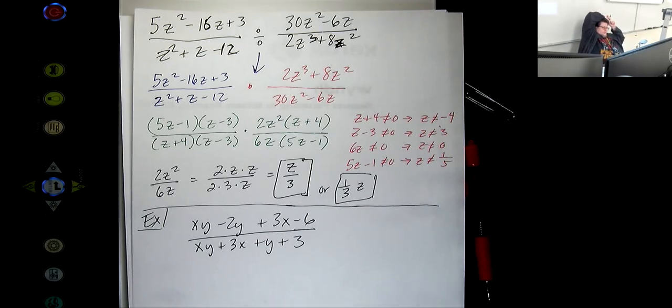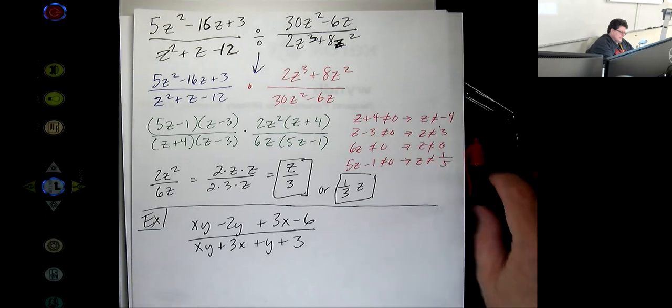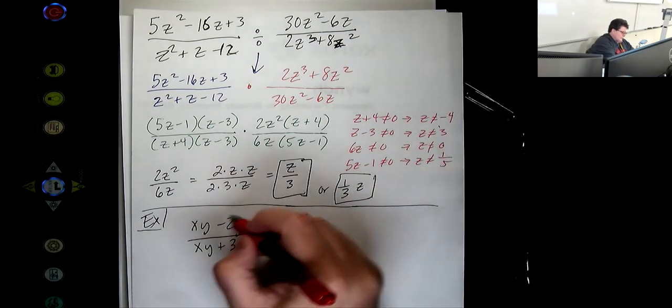It could be 2 terms, it could be 4 terms. And when we did things like that, we did them in pairs.